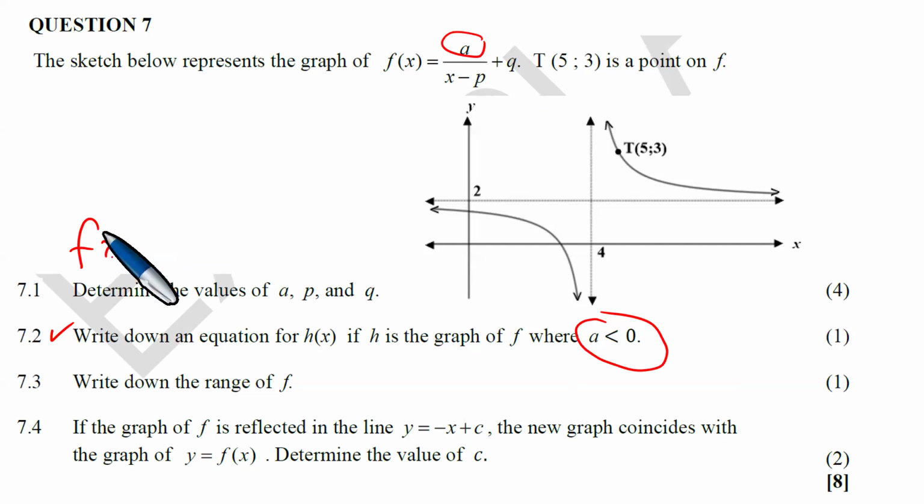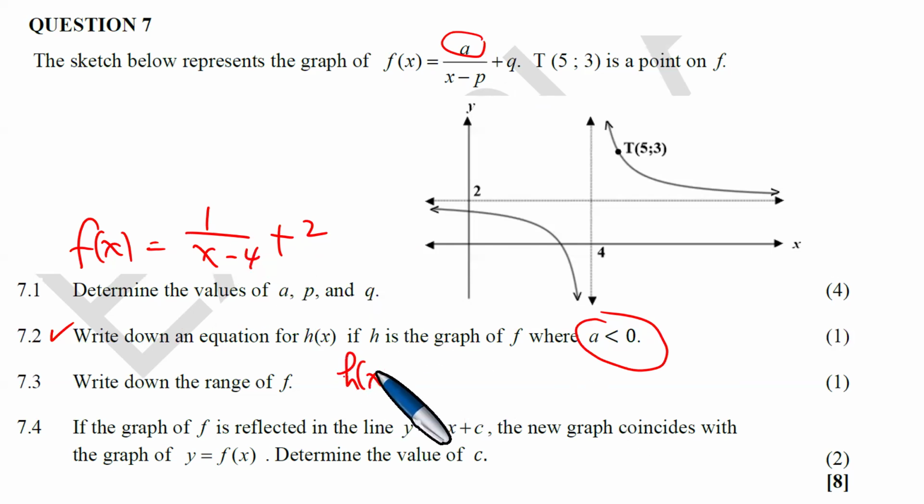We remember that f is 1 over x minus 4 plus 2. So when a is negative, it's going to be minus 1 over that. Let's write it clearly here. That's going to be minus 1 over x minus 4, plus 2.